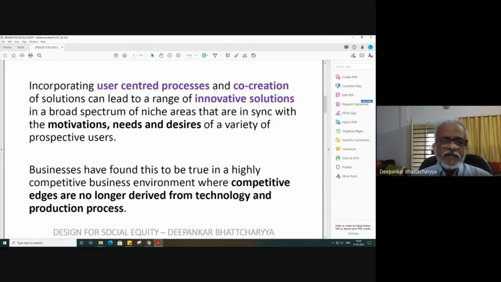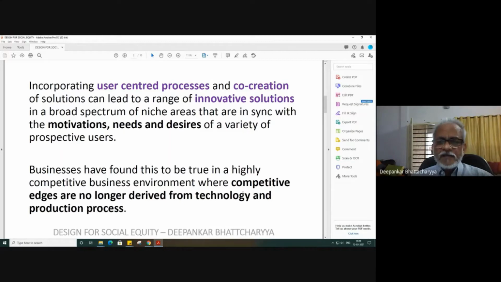And to understand how this works, we need to be concerned with user-centered processes, which is becoming a completely new field of study that designers are increasingly beginning to try and come to grips with.